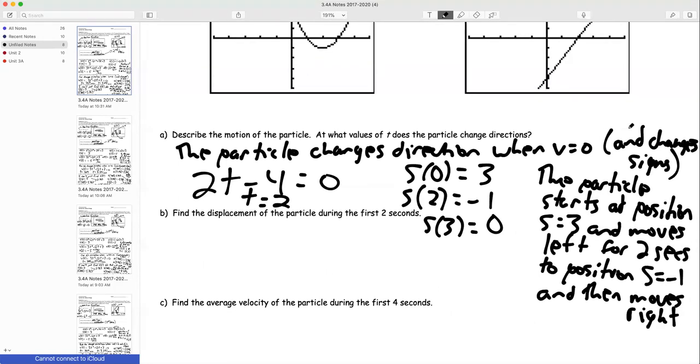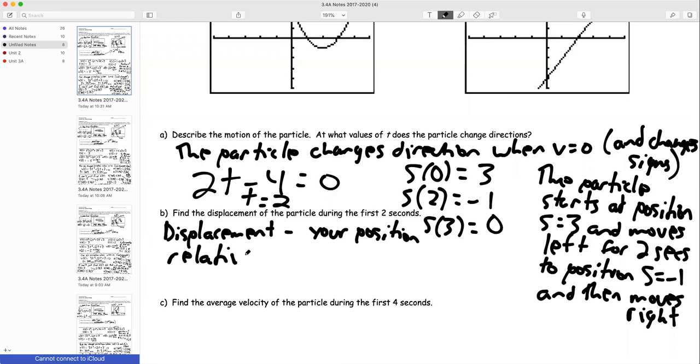Okay, part B says find the displacement of the particle during the first 2 seconds. So displacement is your position relative to your starting position.